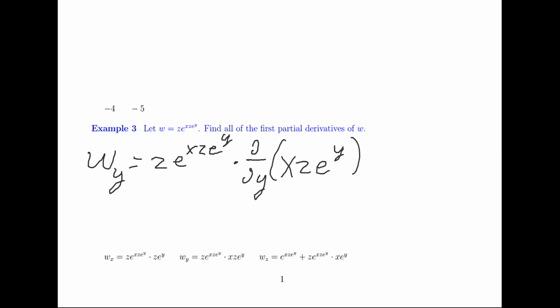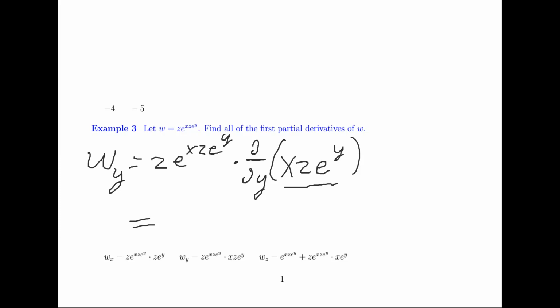Well, what is the derivative of x times z times e to the y with respect to y? And in particular, what is the partial derivative with respect to y? Well, that's just x times z times e to the y, because x and z are constants, and the derivative of e to the y with respect to y is e to the y.